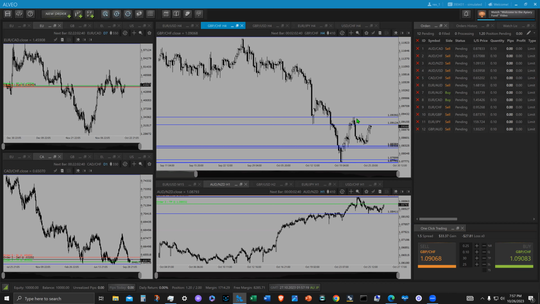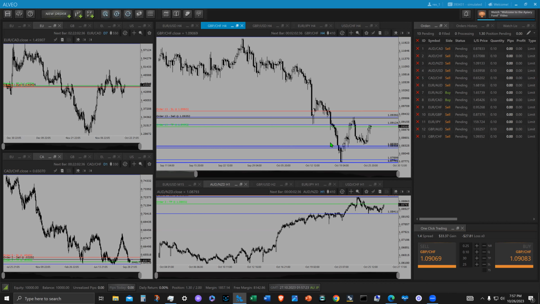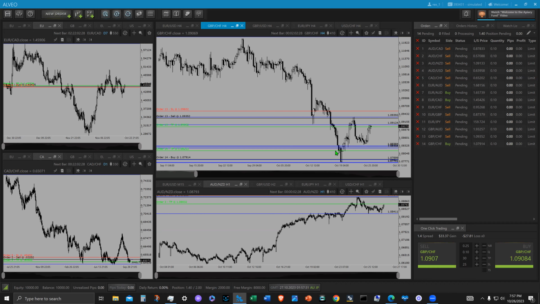Yeah, that's what I got out of it. Okay. These are quite a ways from each other, but buy limit at the bottom, sell limit at the top. So I got both those in.